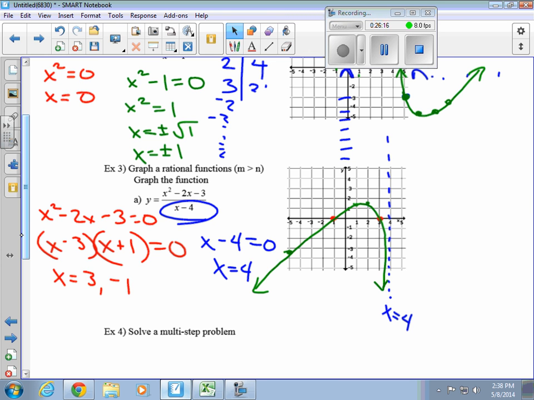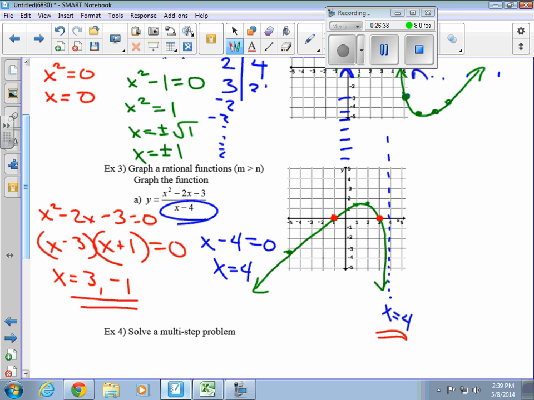Yep, so the 3 and the negative 1, those are these points right here. And the denominator gives us our vertical asymptote. And then the degree tells us where the horizontal asymptotes are. Okay? So, questions on that?